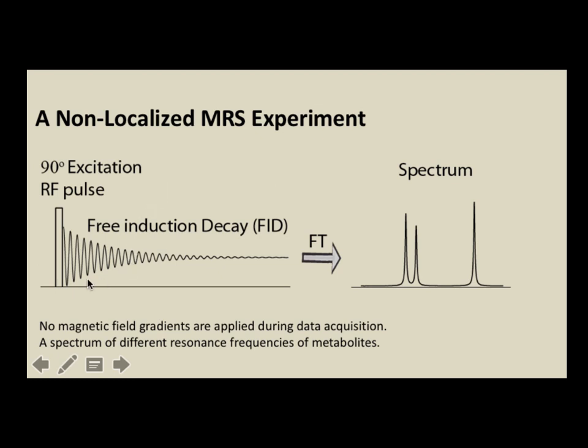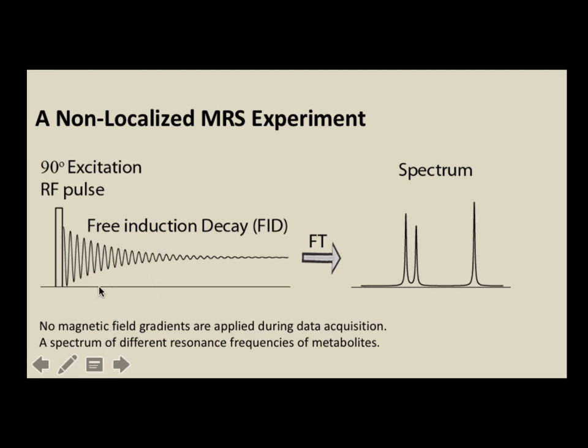The acquisition window is turned on immediately after the 90-degree excitation RF pulse to acquire the free induction decay signal. We call the free induction decay signal FID.